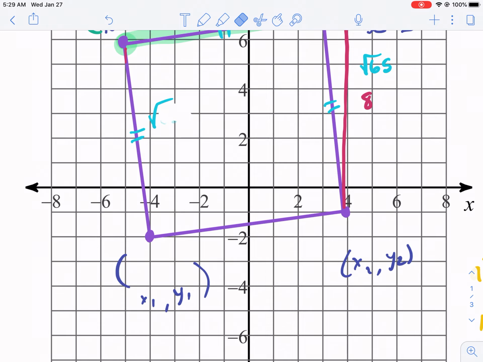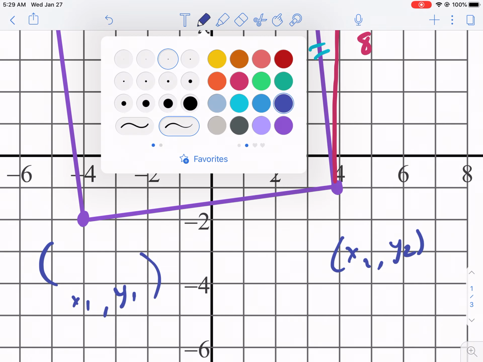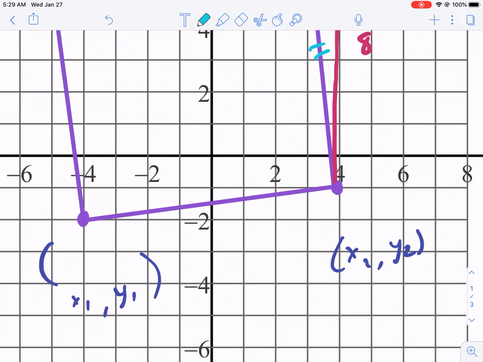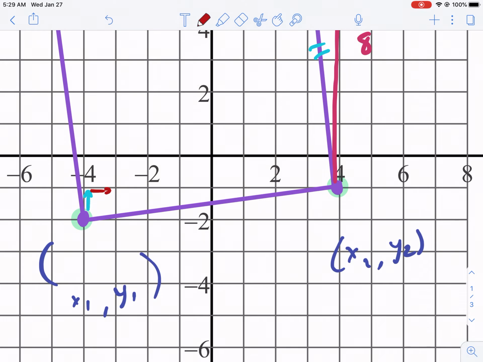Okay, so if we're looking here at the slope of this one, the easiest way to do it, in my opinion, is just to count your rise over your run. So these are the 2 points we're considering. We need to go up 1, and then we're even with it. Now we need to go to the right: 1, 2, 3, 4, 5, 6, 7, 8.